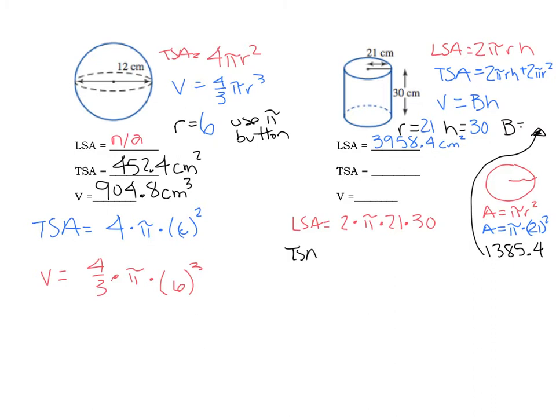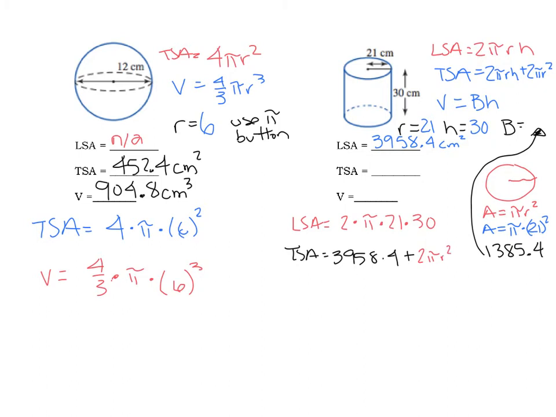Now for the total surface area. Remember, the first part of the total surface area uses that exact same value from the lateral surface area, so there's no point in me having to rework it twice. So that's 3,958.4. Plus, we're adding 2 times pi r squared.